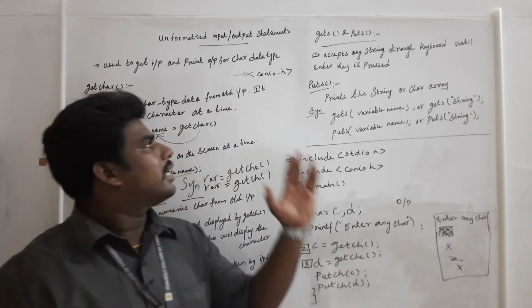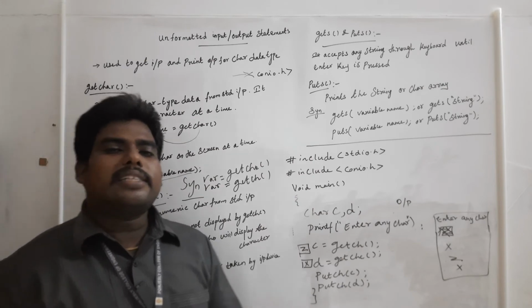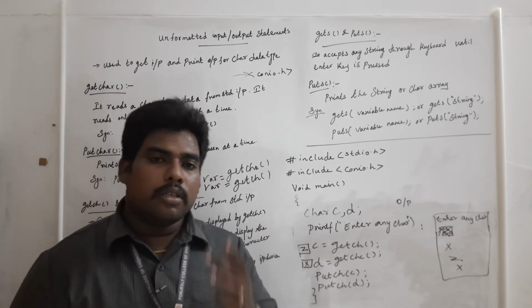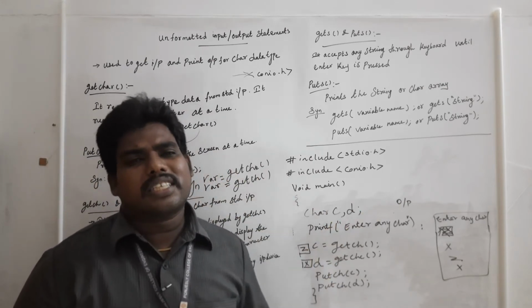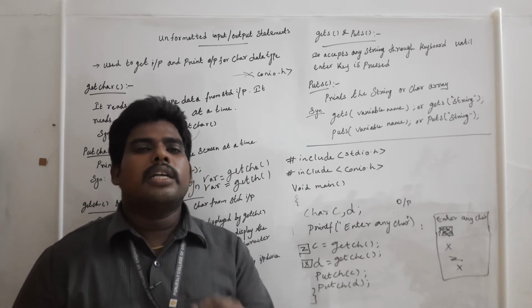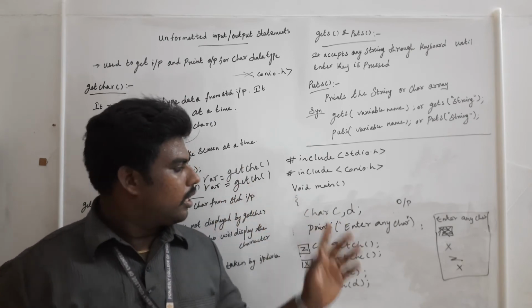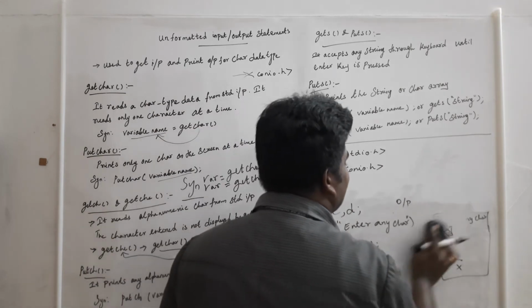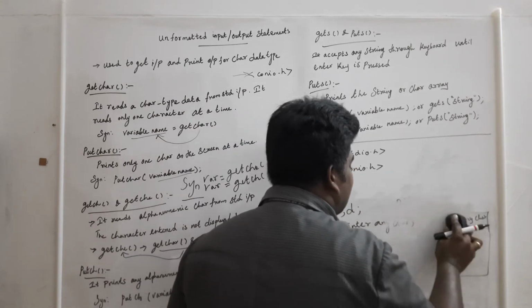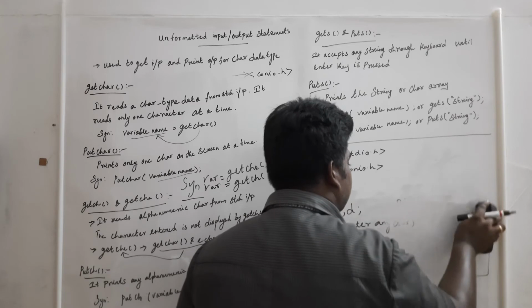The next one is gets and puts. Gets means get string, then puts means put string. What is a string? It's nothing but a collection of characters. String is a collection of characters.